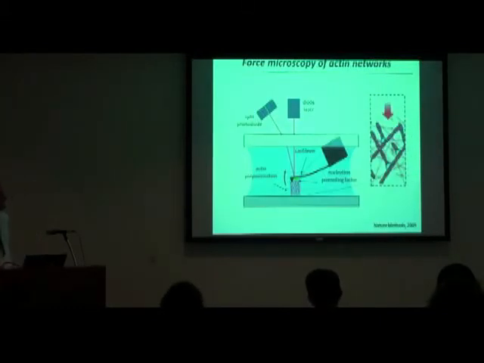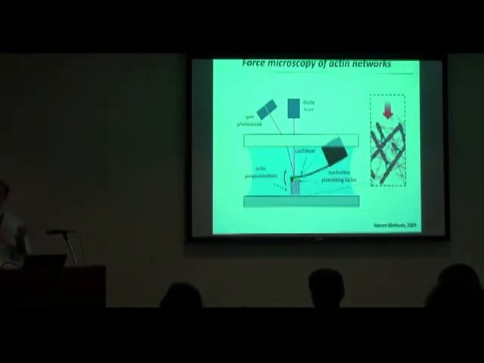Okay, so again, we'll use our old friend, the AFM, and see if we can figure out a way of quantifying forces and properties of these networks specifically. So in order to isolate what's due to a focal adhesion, what's due to protein unfolding, what we really need to do is take out those proteins of interest and put them together isolated from the cell.